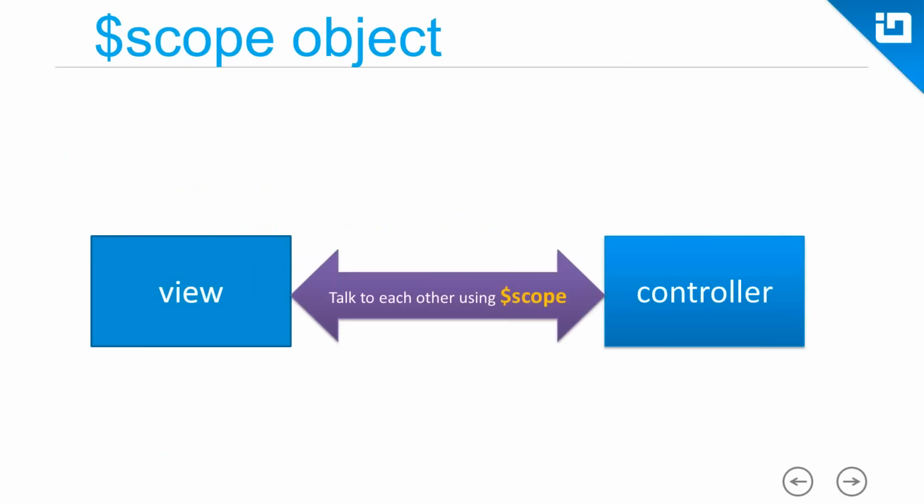The controller adds data and business logic to a scope object. The scope object passes that data and business logic to the view. If something changes on the view, the scope gets those changes back from the view and updates the controller in the digest loop.